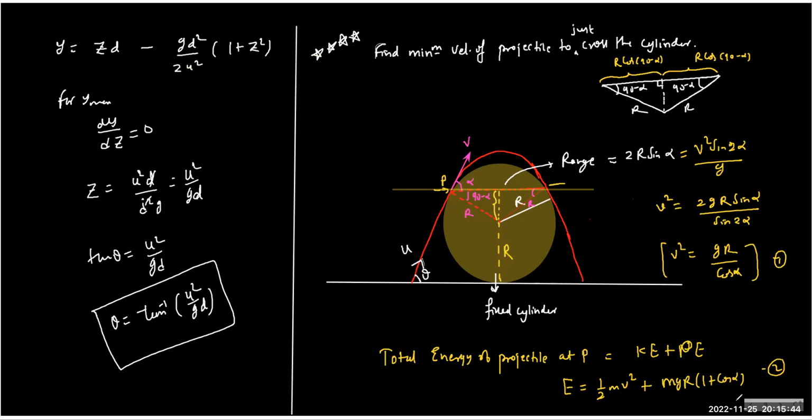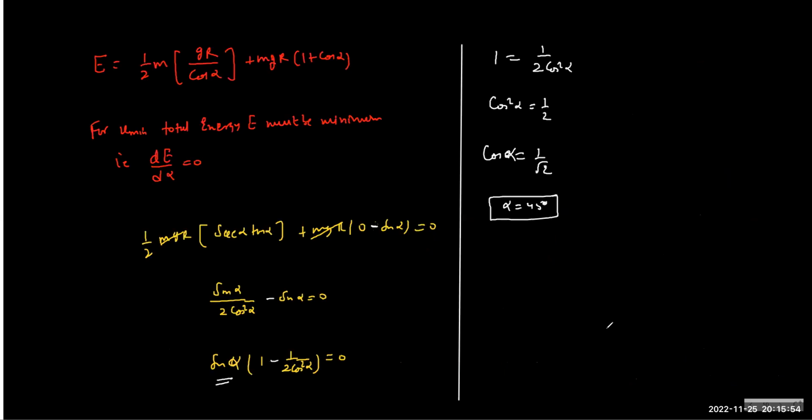So once you know that this is 45, you can solve the rest of the part. Okay. So how to solve? The total energy is how much? Two cos 45 is root 2.